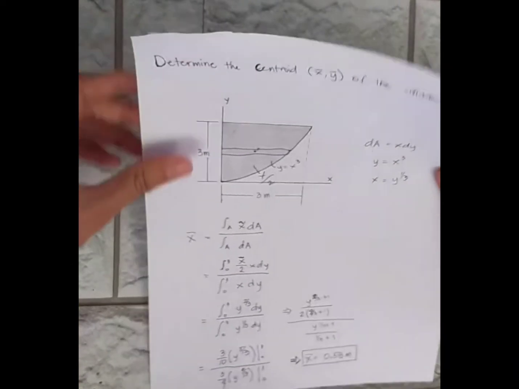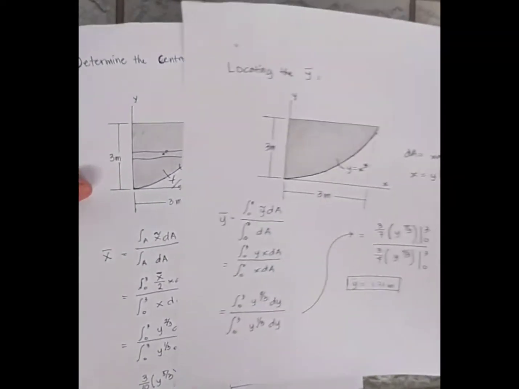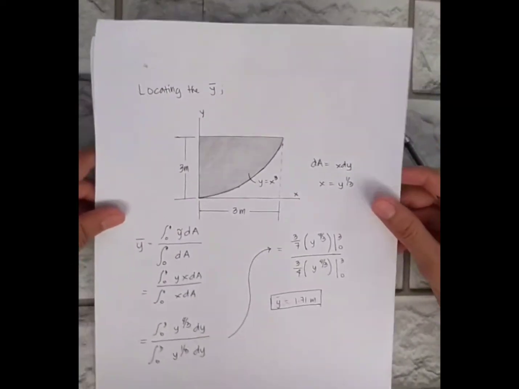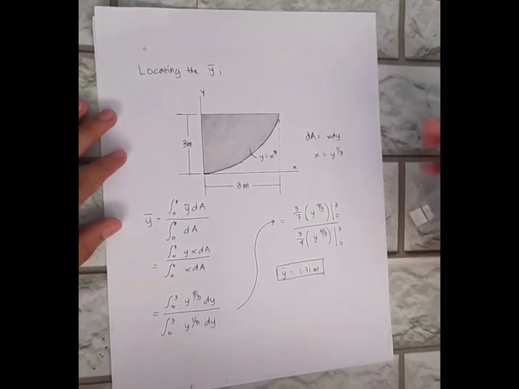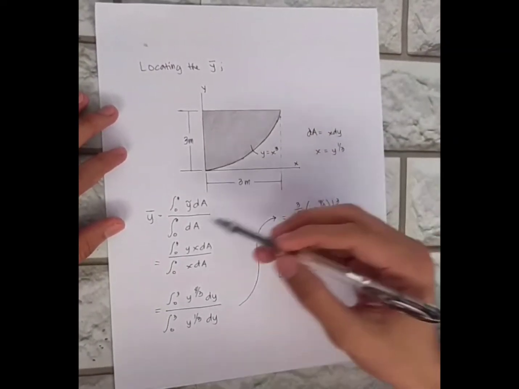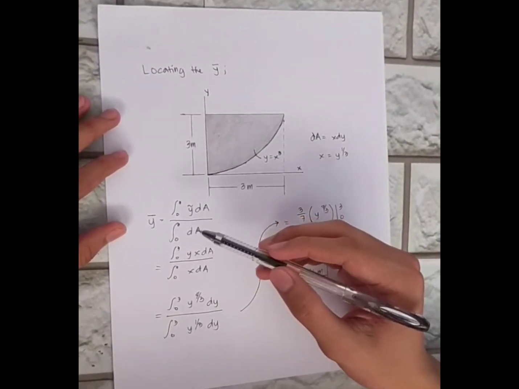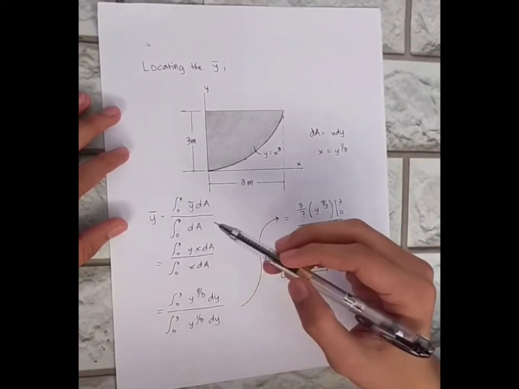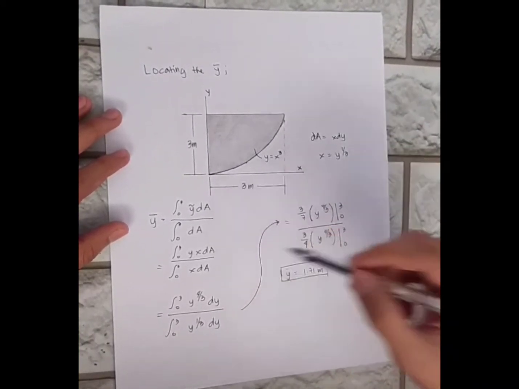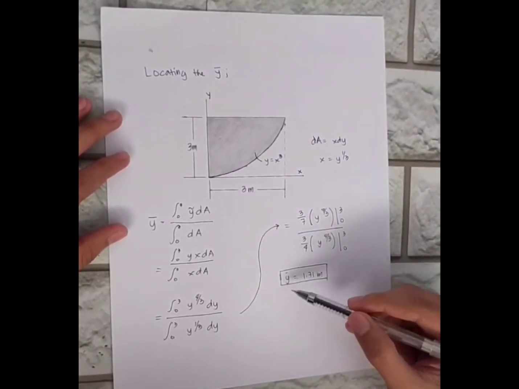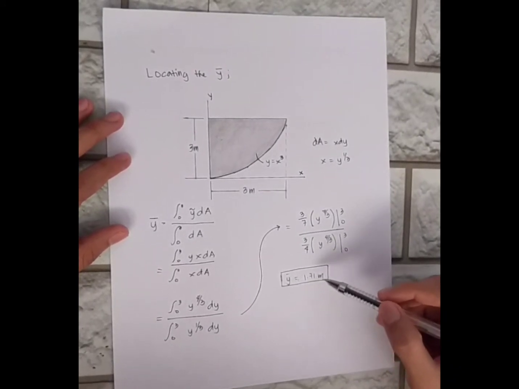Our next problem is the centroid, or the location of y. Having the same parabolic spandrel, we can get the answer by using the same formula, but we only change the x into y. By the same process of integration, we get y bar equal to 1.71 meters.